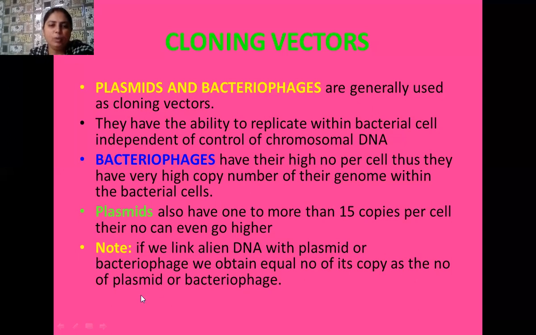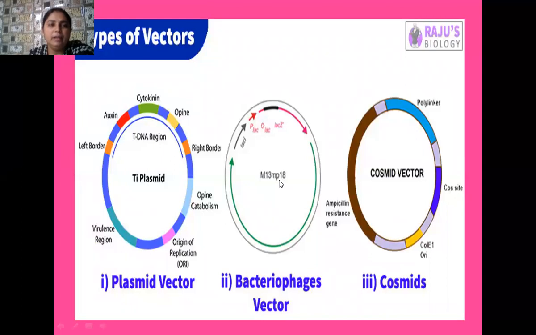Here one note is written: if we link alien DNA with a plasmid or bacteriophage, we obtain an equal number of copies as the number of plasmids or bacteriophages. One thing we should keep in mind is that whenever we select a bacteriophage or plasmid as vector, we must select one that is able to give more and more copy numbers.